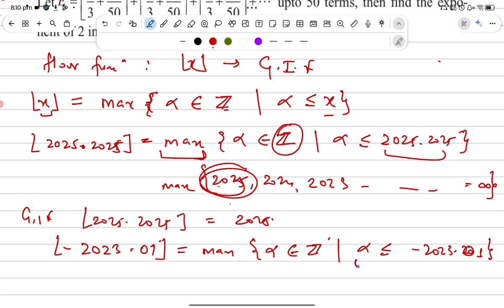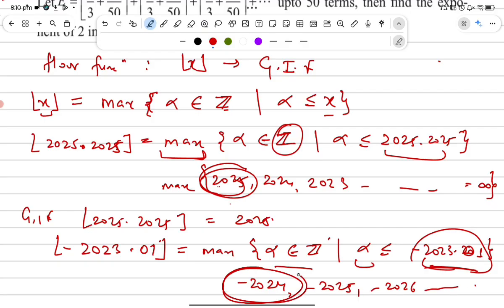So alpha is an integer and it's less than this or equal to. No, it cannot be equal to, right? Because this is not an integer itself. So an integer less than this is going to be negative 2024, negative 2025, negative 2026, like that. The maximum of that is this. So this is going to be negative 2024.